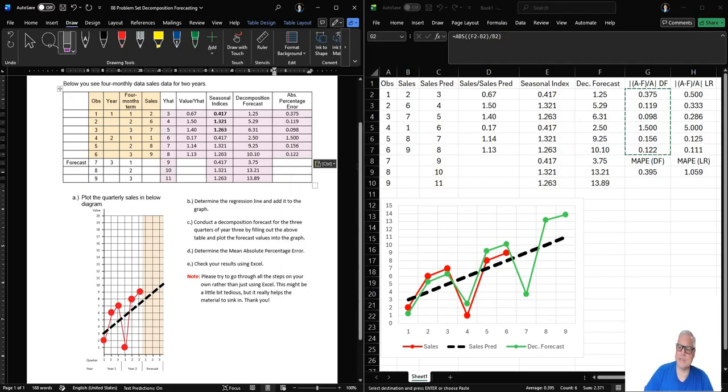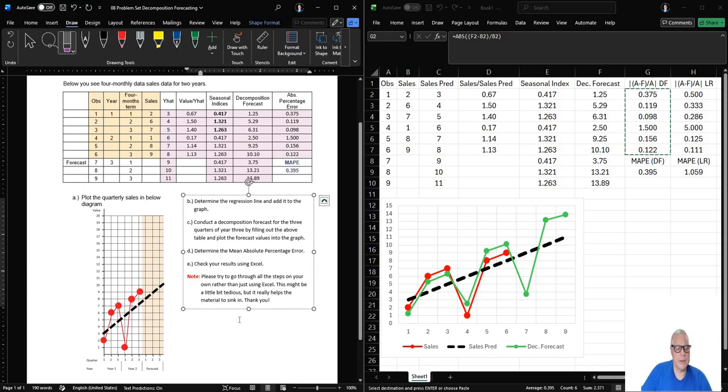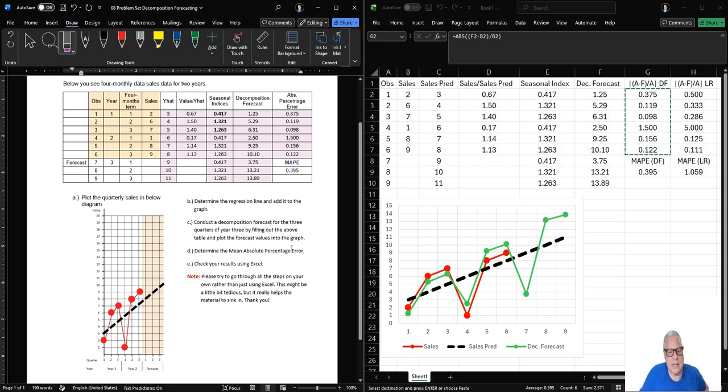And then we said the MAPE was equal to 0.395. Alright, so that's it. So do we have everything? We checked everything already using Excel. The mean absolute percentage error is 0.395.